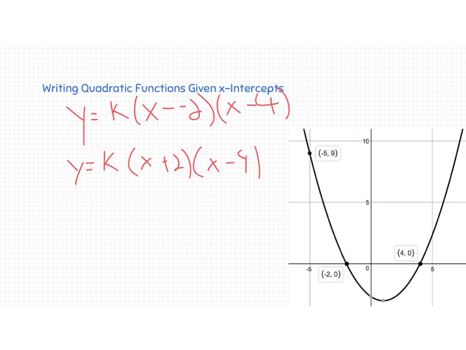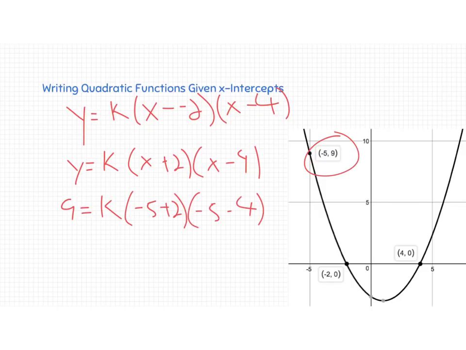Then we have to choose another point. We have this negative 5, 9, so 9 equals k times negative 5 plus 2, and negative 5 minus 4. Some of you may want to distribute out and get standard form first, or you can do it this way. I prefer this way.